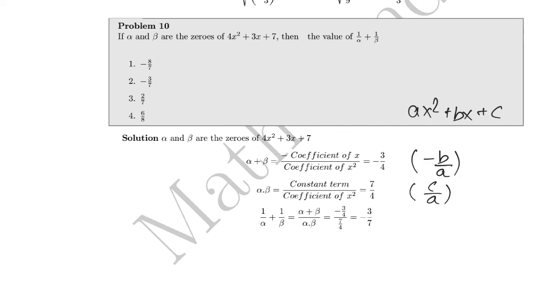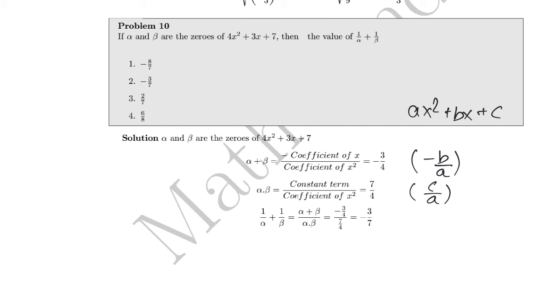We know that if alpha and beta are the zeros of the polynomial ax square plus bx plus c, then alpha plus beta is equal to minus b by a, and alpha into beta is equal to c by a. Here alpha plus beta is equal to minus 3 by 4 and alpha into beta is equal to 7 by 4. And we have to find 1 upon alpha plus 1 upon beta.